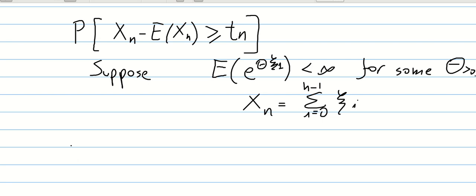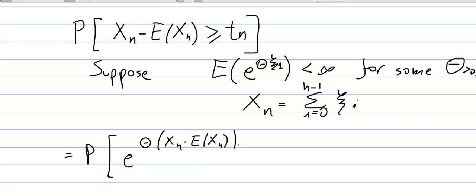So this probability is actually equal to the probability that the exponential of theta times (X_n minus its expectation) is larger or equal than the exponential of theta t_n.